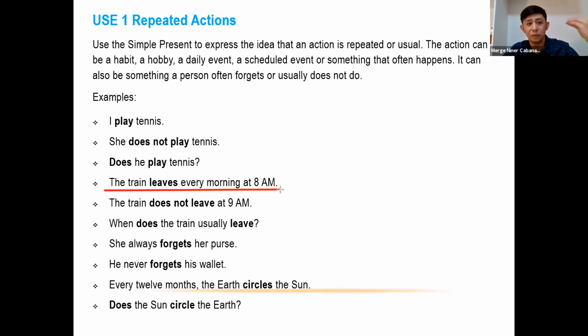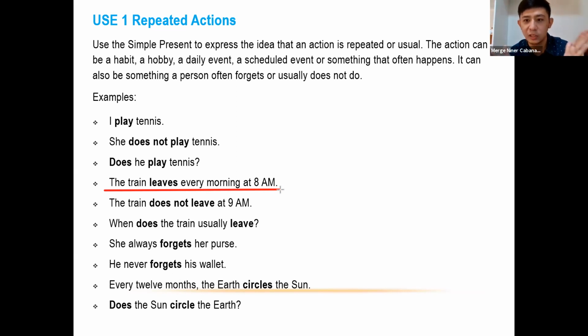Remember, if this is a scheduled event, in this particular example public transportation, it will happen on schedule. It will happen every 8 a.m. It is a repeated action.